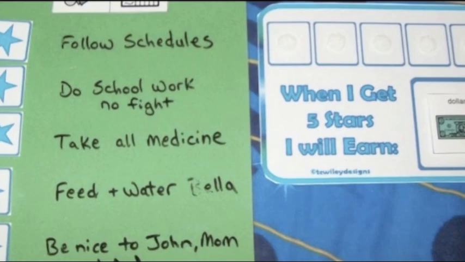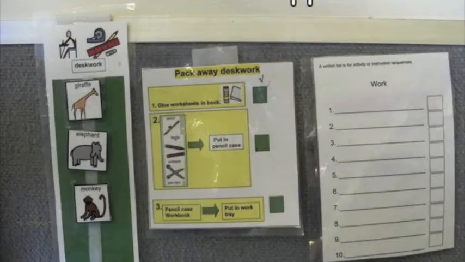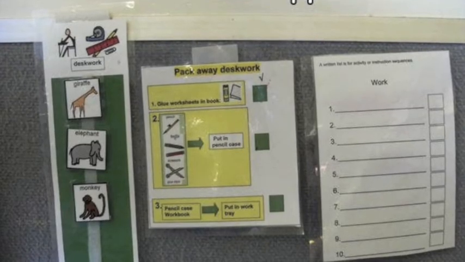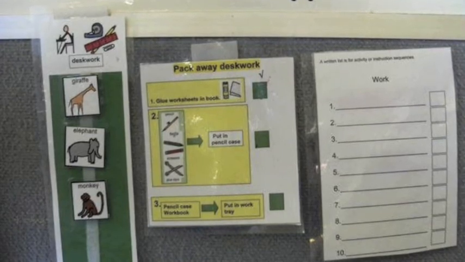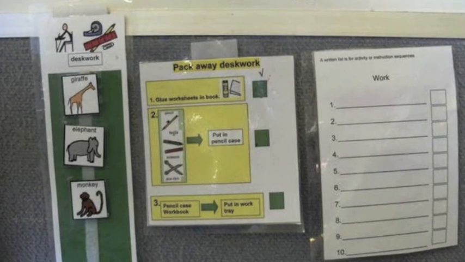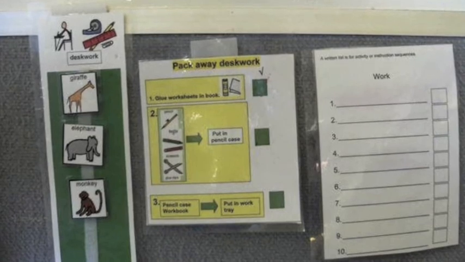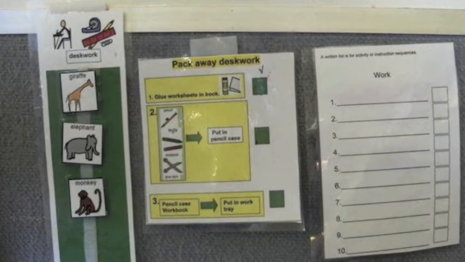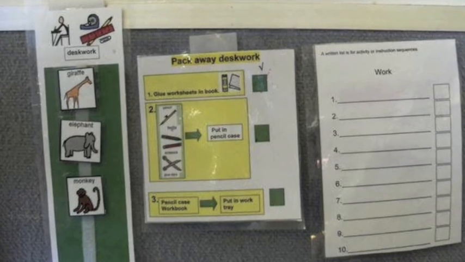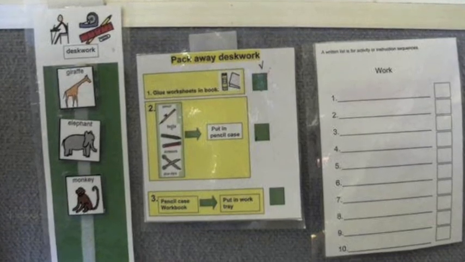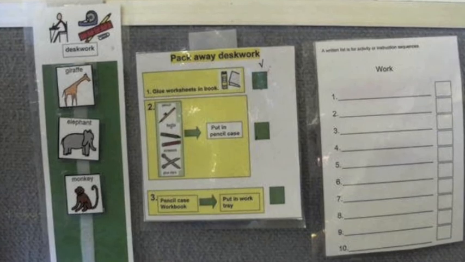A classroom should be well structured, organized, and provide routines and activities with a very clear beginning, middle, and end. Sequencing should be promoted in every activity and throughout the whole day.